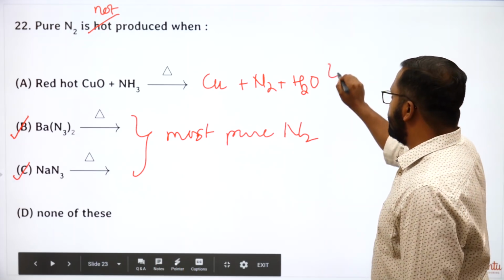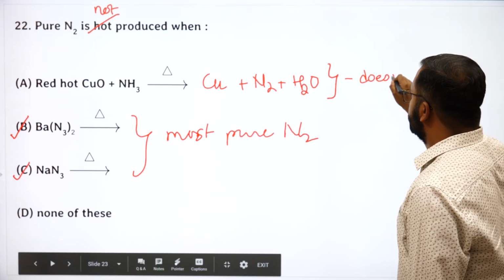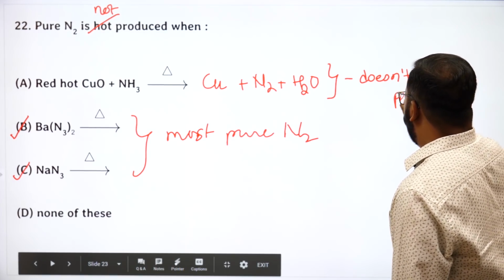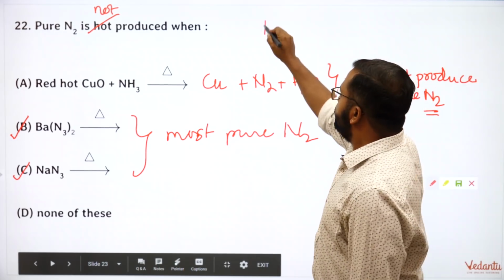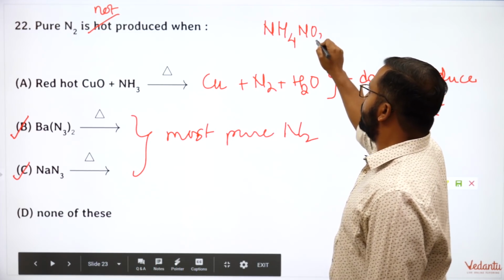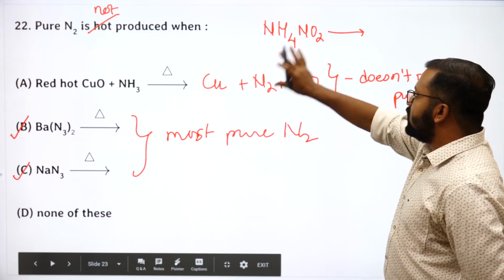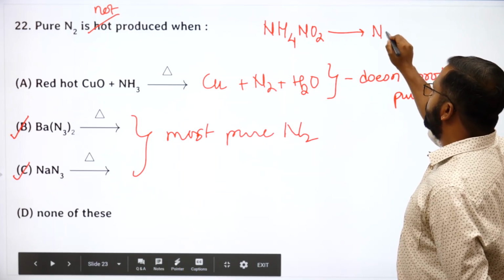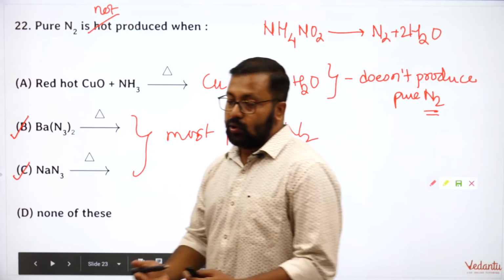इसको याद रखिए, this is an NCERT level question, doesn't produce प्योर N2. एक और सवाल आपको लिया जा सकता है, if I take NH4NO2 will it produce nitrogen upon decomposition? Let's see. What you have to do is remove water and whatever is left out, join them. तो N2 plus H2O बनेगा and nitrogen is obtained.